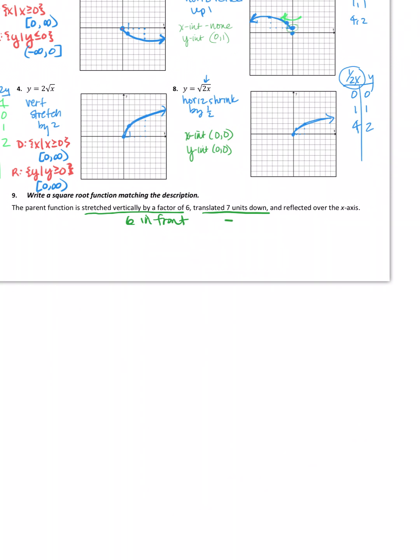Down 7, so it would be -7 in the back of my equation, right? But not in the radical, it's outside. Reflected over the x-axis, so that's a negative in front. So the way I would write my equation, y equals negative 6 square root of x, and then the minus 7 hangs off the back.